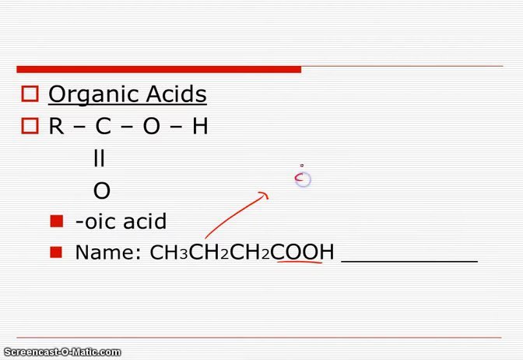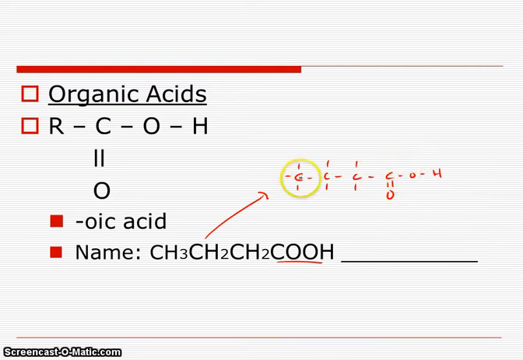So we've got CH3, CH2, CH2, and then we've got that COOH. And again, this is the functional group that makes this an organic acid.